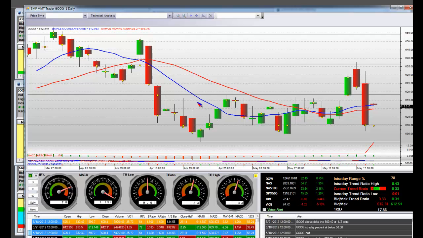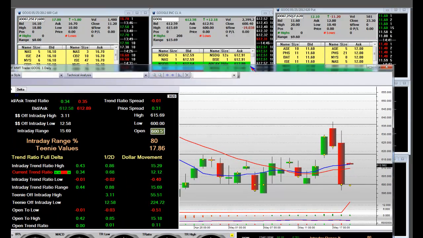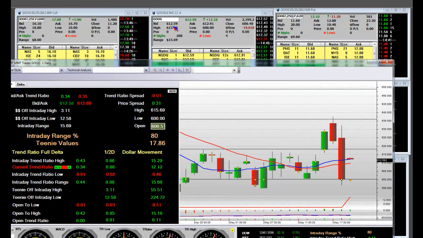Back to here. Now, let us not forget that each line on this daily chart is $17.86. That's just a half delta movement for today. So you can take a look that you're up here at 615.69, falling $3 ratio reversal.